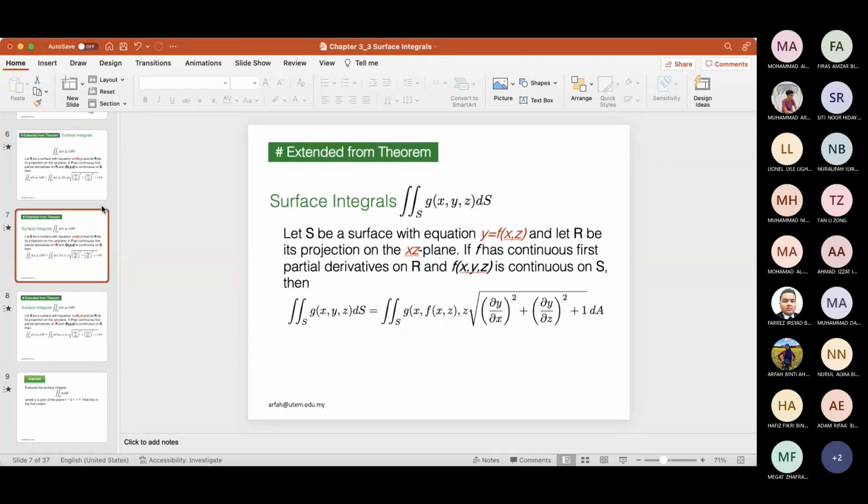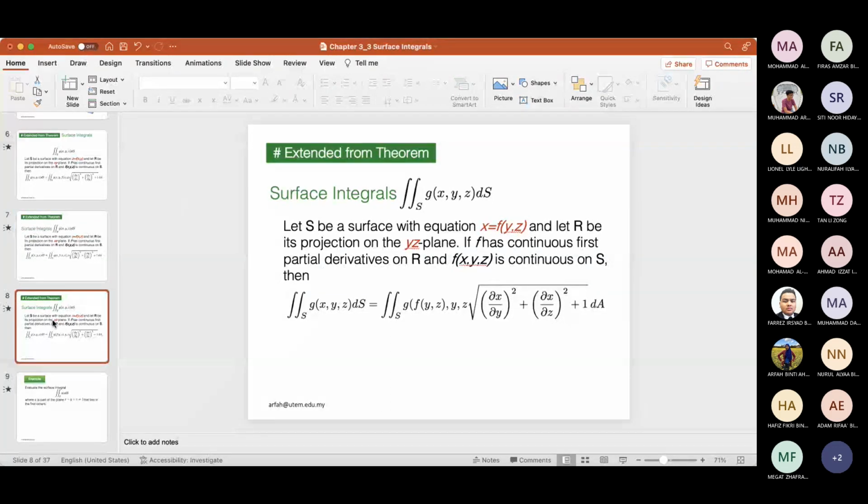So the xz plane, yang tak ada. So kita ubah y dalam bentuk equation of x and z. The associated formula will also be different, and the integration will be with respect to dx dz or dz dx.